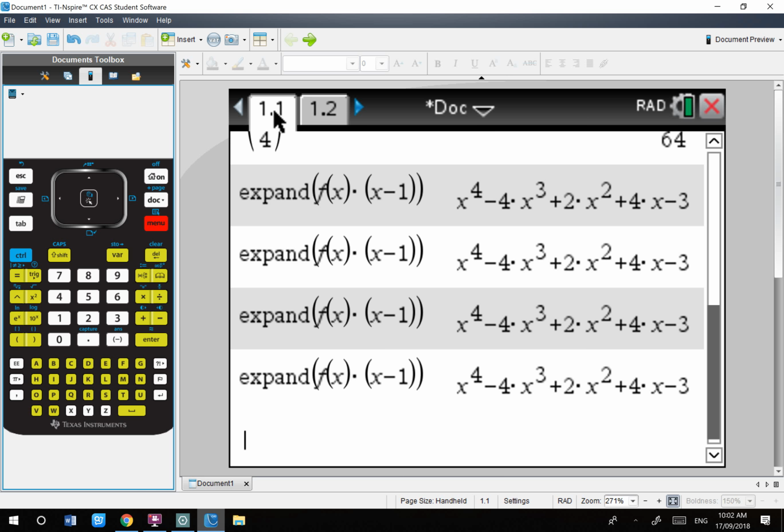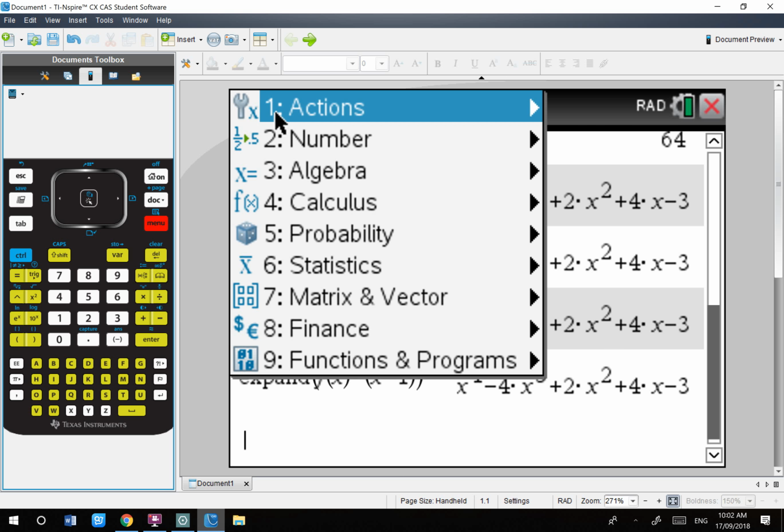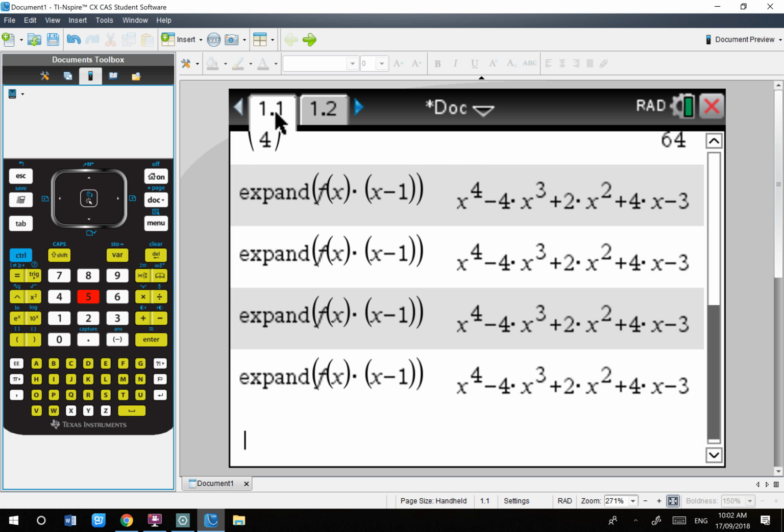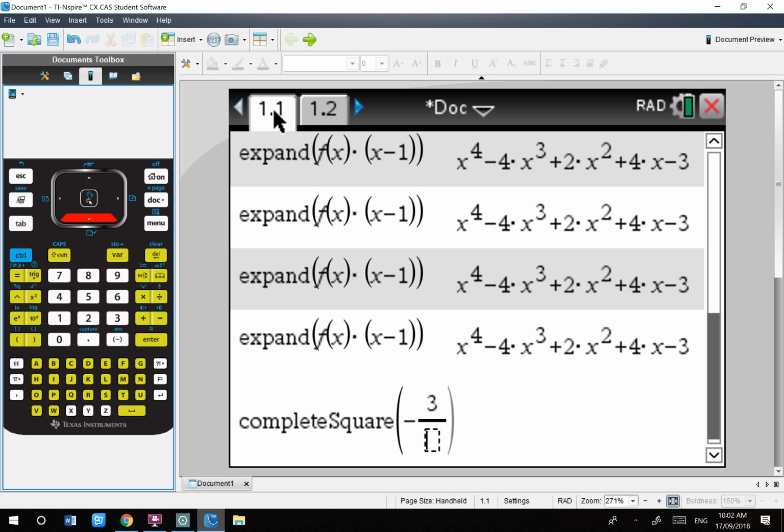I will go menu number 3, algebra, and then number 5, complete the square. If you want turning point form from a quadratic, you go complete the square. Complete square bracket, what you want to complete is minus 3 over 2 times x squared plus 10x.